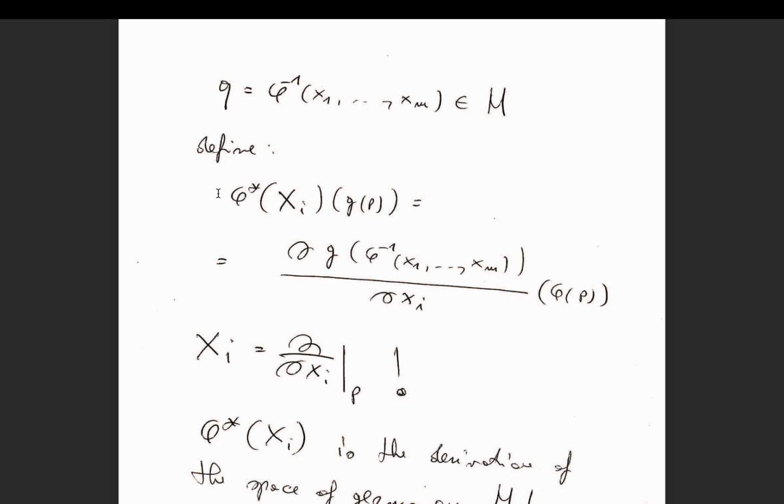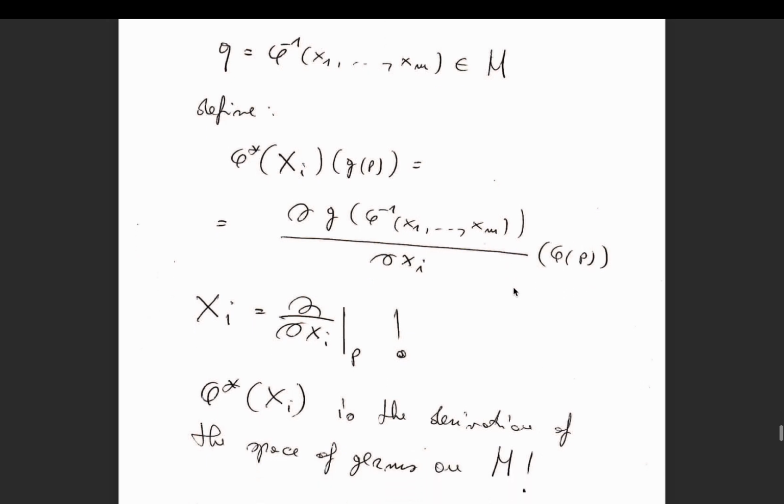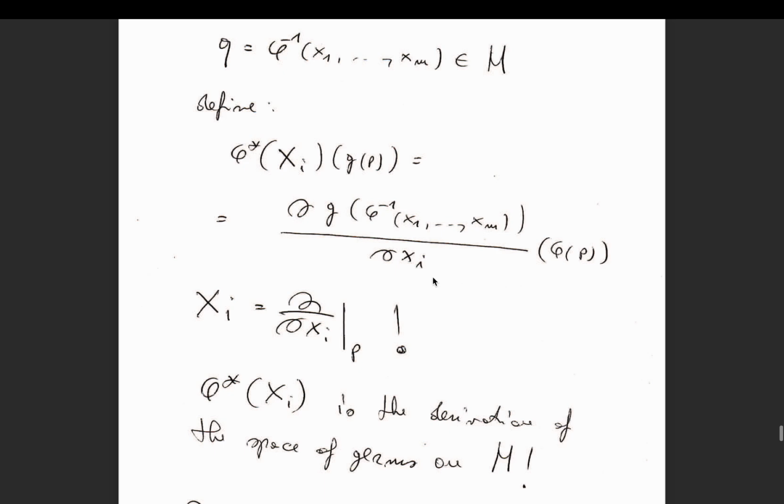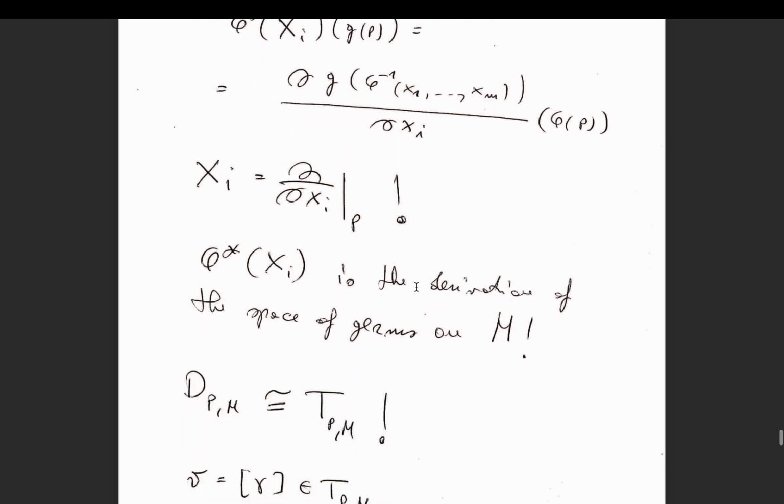Now, phi star of d/dx_i applied to g at q is actually equal to the partial derivative with respect to x_i of g composed with phi to the minus 1, computed at phi of q. In this way we obtain a derivation, the corresponding derivation over the manifold at the point P related to the partial derivative with respect to x_i.